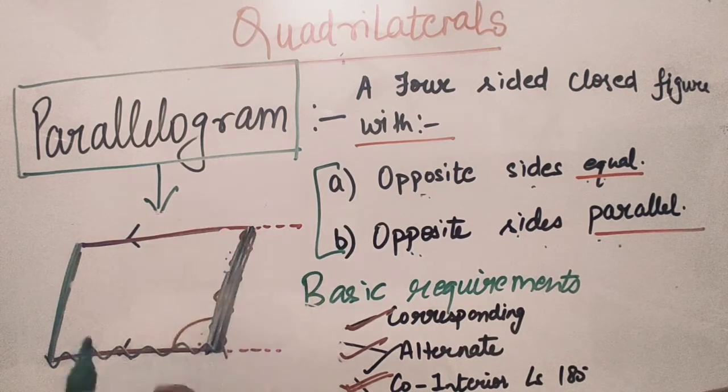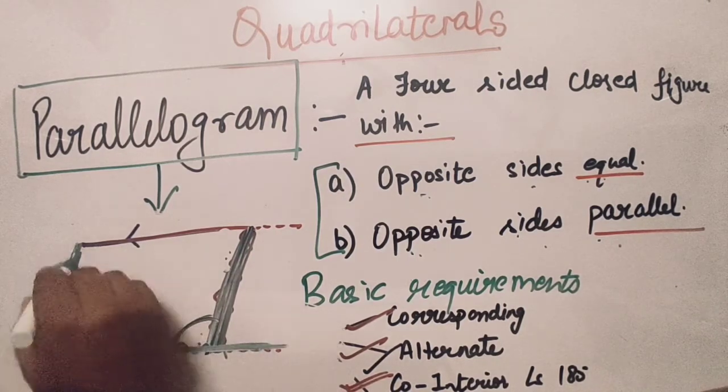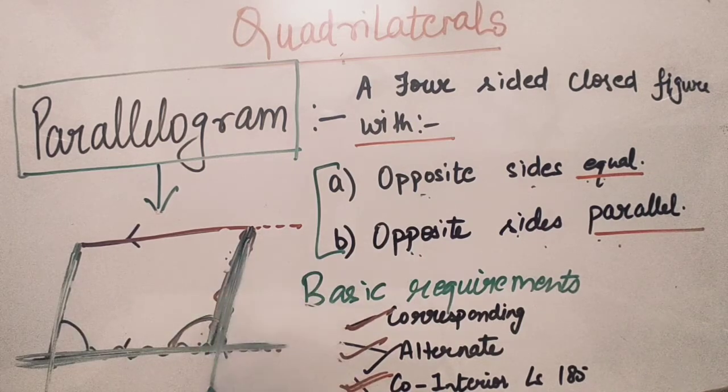So I can check this angle and this angle, because these are the two lines which I want to see whether they are parallel or not. The angles on the same side of the transversal, and both interior, are co-interior angles. If both these angles make 180 degrees, then these two lines are also parallel to each other.